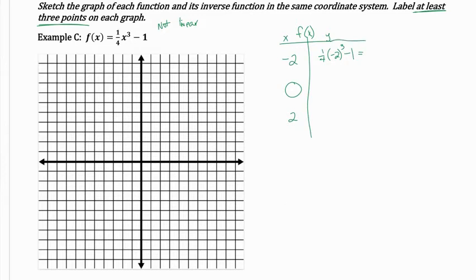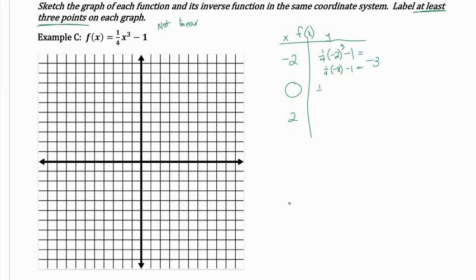That will give me -2 cubed, -2 times -2 times -2, that's a -8, right? So this would be 1/4 times -8 minus 1. -8 times 1/4, that's like -8 divided by 4, which is -2. And then -2 minus 1 would give me -3, right?